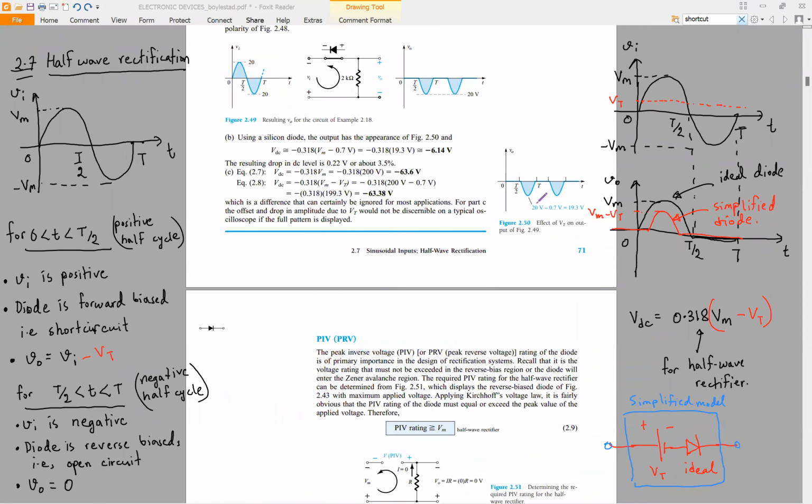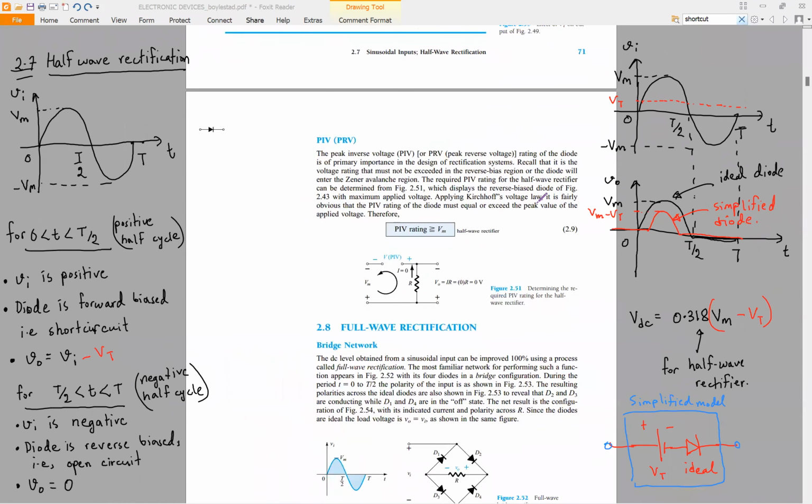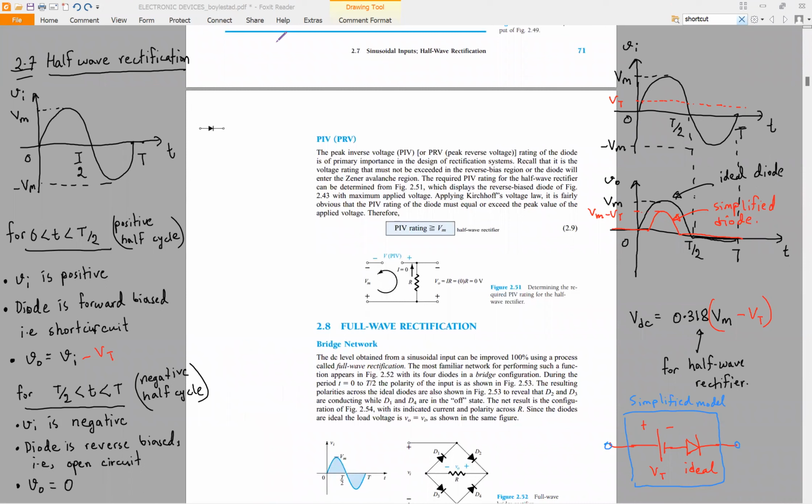Now let's come to PIV. This is the last topic for today's class. What is PIV? PIV is the maximum reverse bias voltage that appears across a diode.